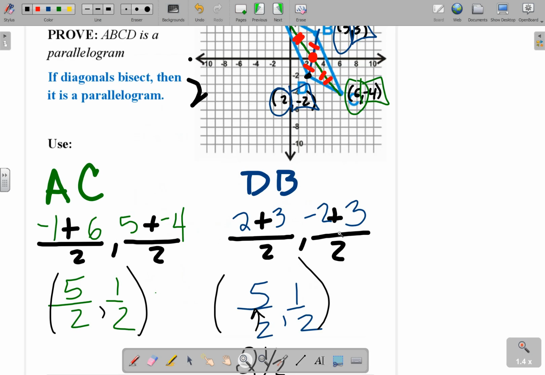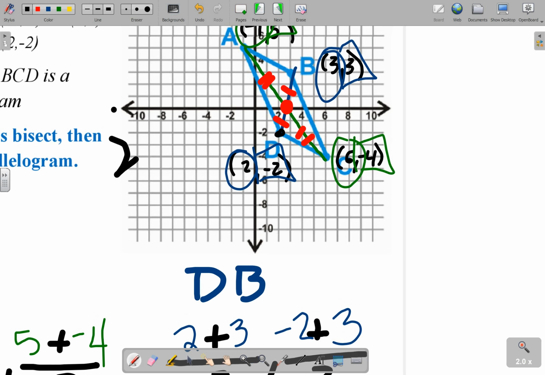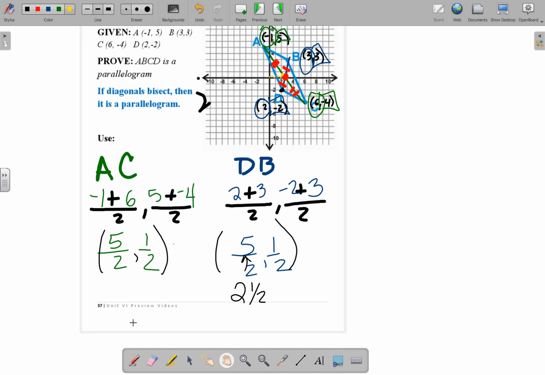So we can actually graph this, and you can see. I'm going to do this in yellow so it's easy to spot. So we're going to go over 2 and up 1/2. And this was graphed perfectly. You'd have a midpoint. So we've mathematically proven that the midpoints are the same going both ways. Therefore, it is bisected. So here's your math. And the fact that these two bisect each other is the meaning.